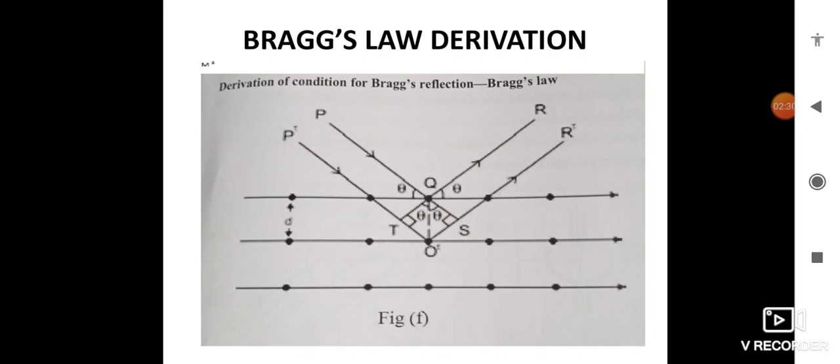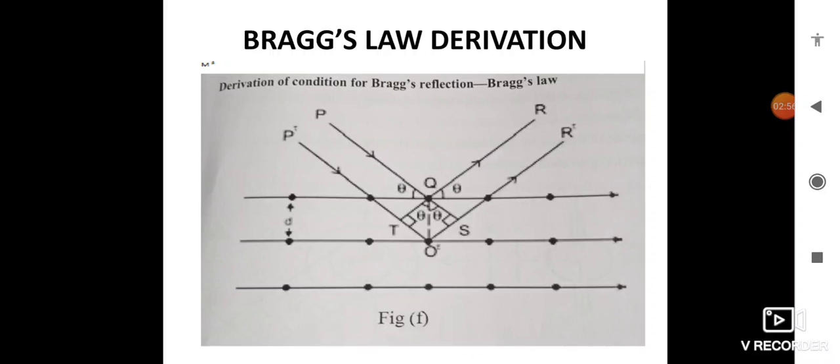The path difference can be denoted by delta, that is Q dash T plus Q dash S, that is Q dash sin theta plus Q dash sin theta, both are the same.